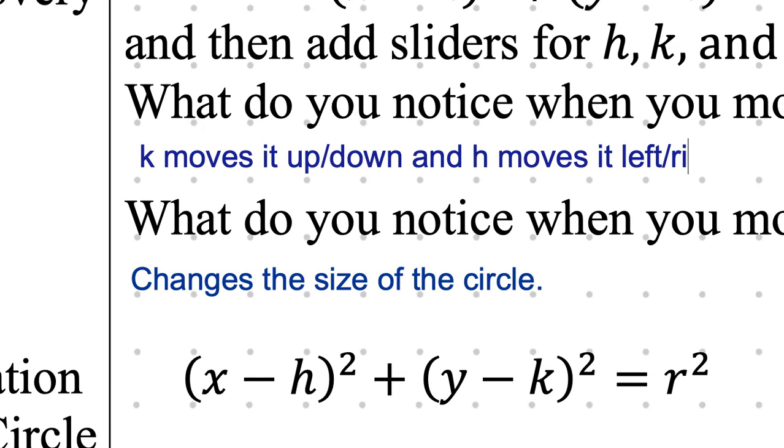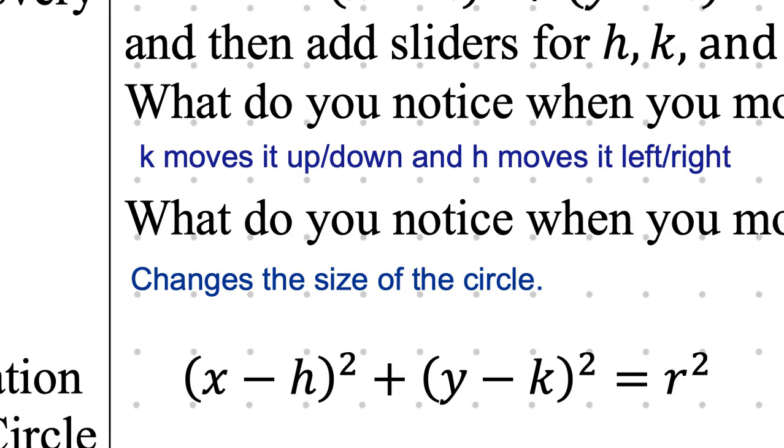But you also said something really cool, that it's attached to the Y and it's attached to the X. So if H is attached to the X, it will move it in the X direction, left and right. If K is attached to the Y, it will move it in the Y direction, up and down. That's a really good pattern. Notes.